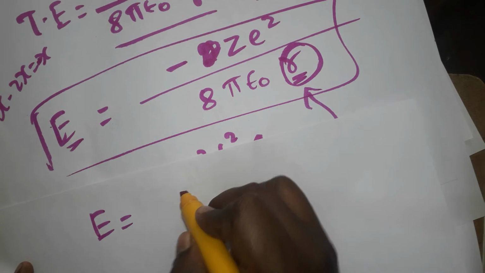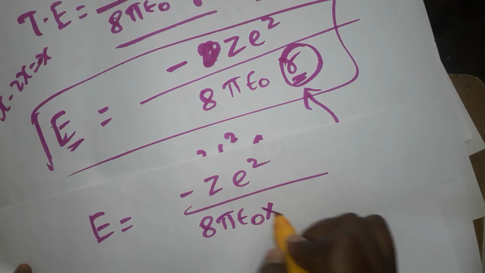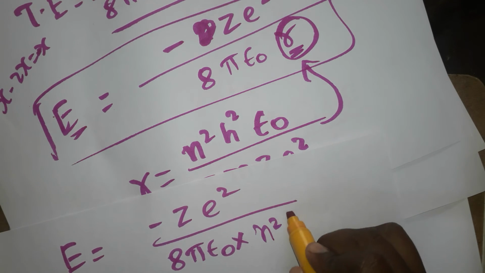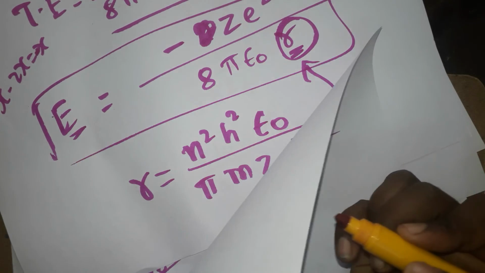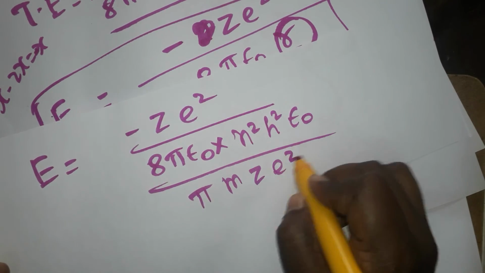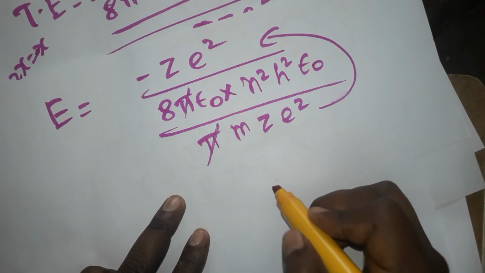Energy is equal to minus z e square divided by 8 pi epsilon naught, and the radius is n square h square epsilon naught divided by pi m z e square. From the denominator I have taken this as a numerator. Pi gets cancelled.